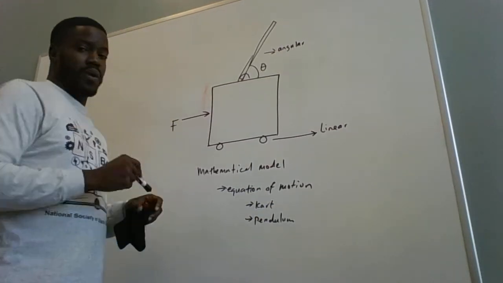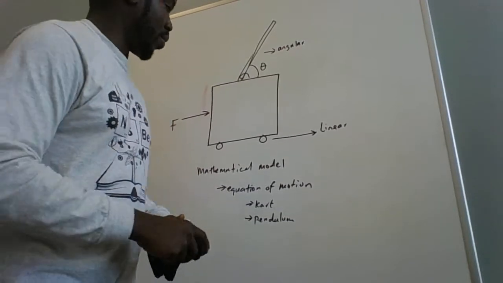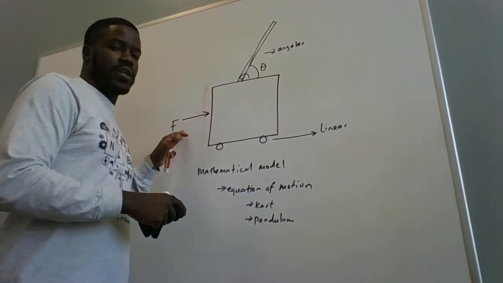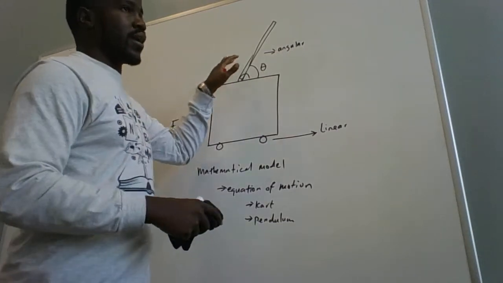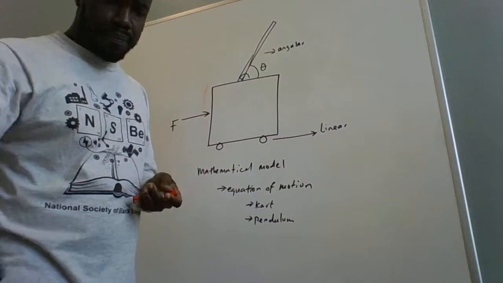Why is this important? If we establish an equation of motion, it allows us to understand how this external force and the magnitude of this external force would affect the angular displacement that our pendulum is going to experience.